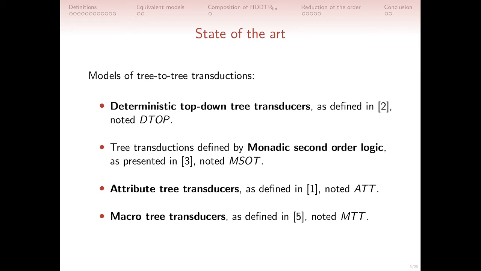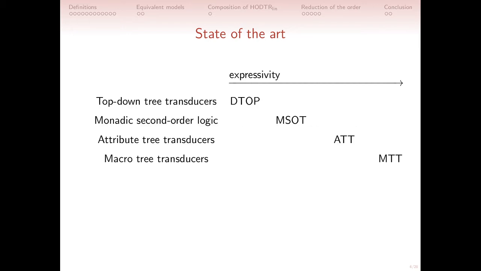The expressivity of these models are all comparable, and so MTTs are strictly more expressive than ATTs. ATTs are strictly more expressive than MSO transducers, etc. There exist some models that improve the expressive power of MSO transducers.